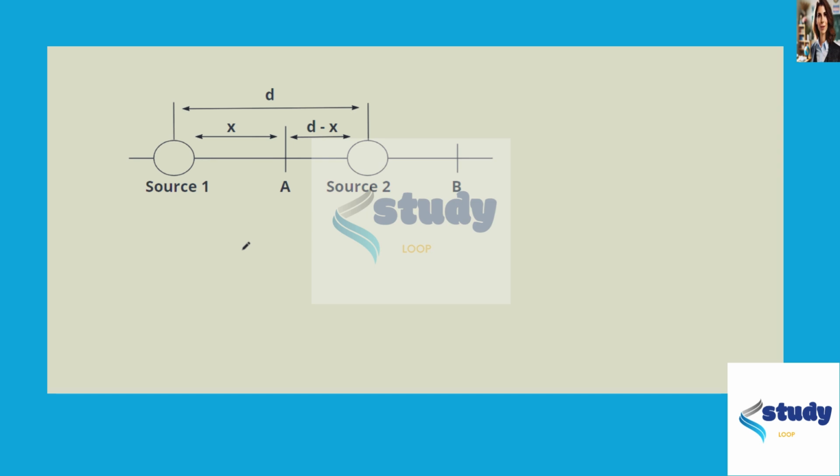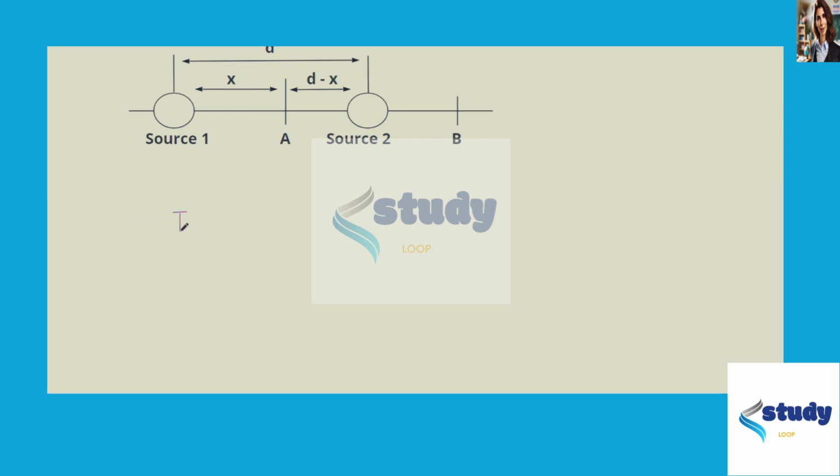Now, the sound intensities are equal at point A, so we have that I1 must equal I2, which means that P1, the sound power of source 1, over 4 pi R1 squared, must equal the sound power of source 2 divided by 4 pi R2 squared.